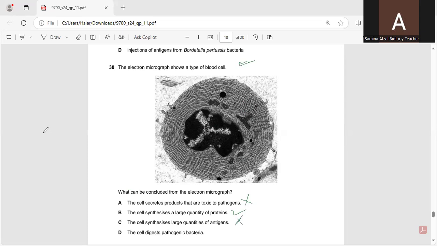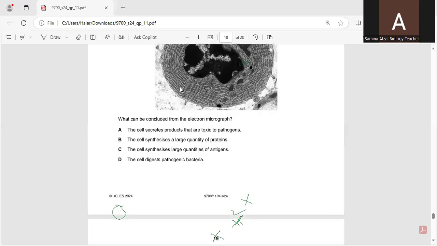No. The cell digests pathogenic bacteria. Again, this is not correct. Only B is the correct option, because you can see a larger area covered by the endoplasmic reticulum. More ribosomes are attached to them. So in this way, protein synthesis is taking place in large quantity.